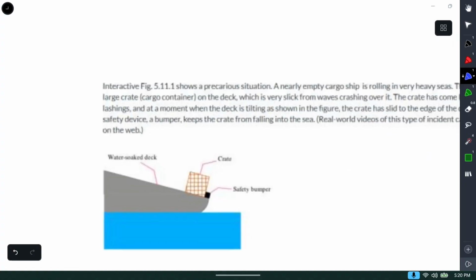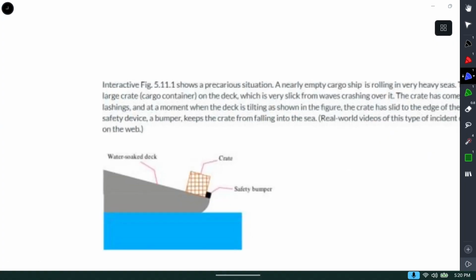So Fn in this case would be the normal force provided by the surface here. That would be the force the deck exerts on the crate. The reaction to that is the force the crate exerts on the deck. You just reverse the order.